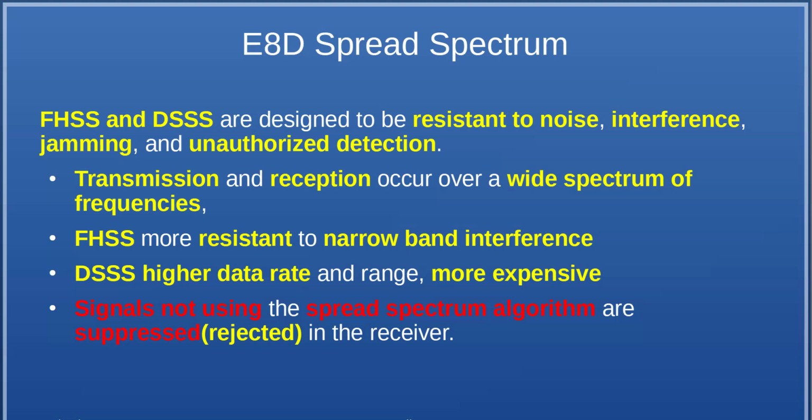I'm guessing, just a pure guess, that the military uses probably both of them depending on the application, whether they want less interference or more distance, and you can send more data on direct sequence. But the key is any signals that aren't using the correct algorithm are going to be rejected and basically ignored.